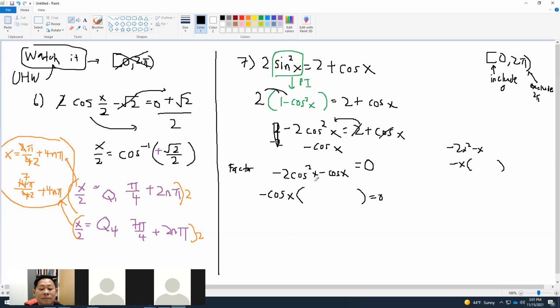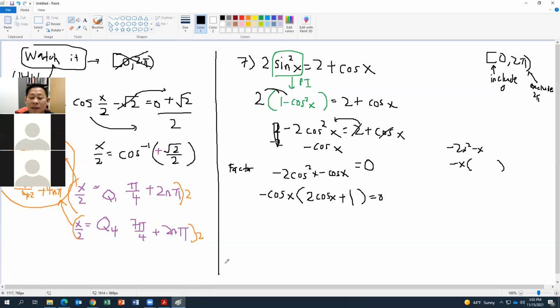So what do you get? When you take negative cosine x from here, you get a positive 2 cosine x, because when you distribute it you get the negative 2 cosine squared x. What happens when you take out negative cosine x from negative cosine x? You get a positive 1, because if you take this times 1, you get negative cosine x.